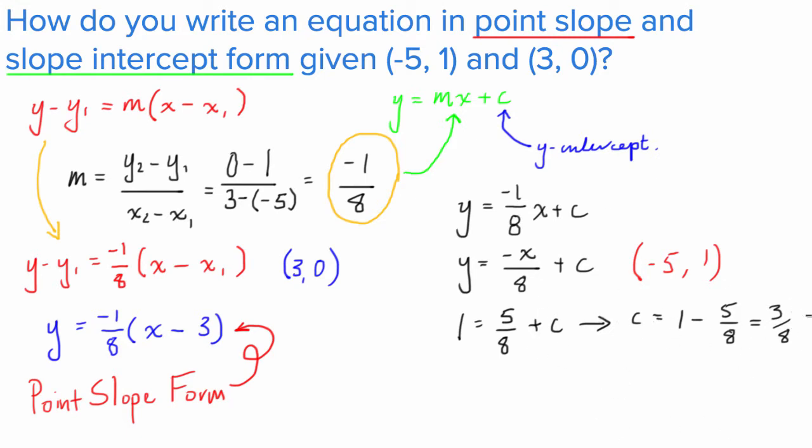Now, once you've done that, you can then just put everything together. So in this case, we have y equals negative x divided by 8 plus 3 over 8.